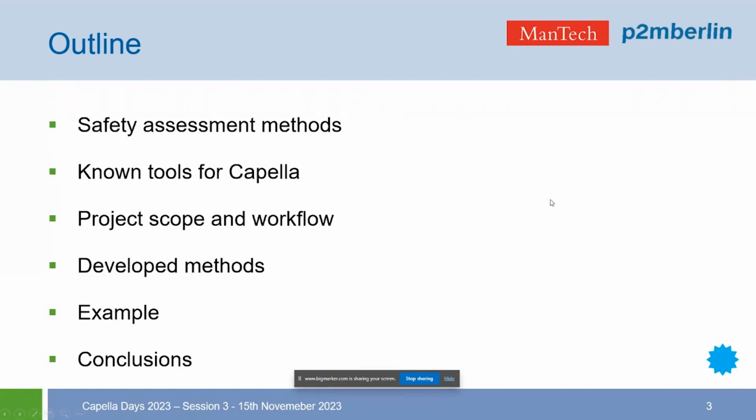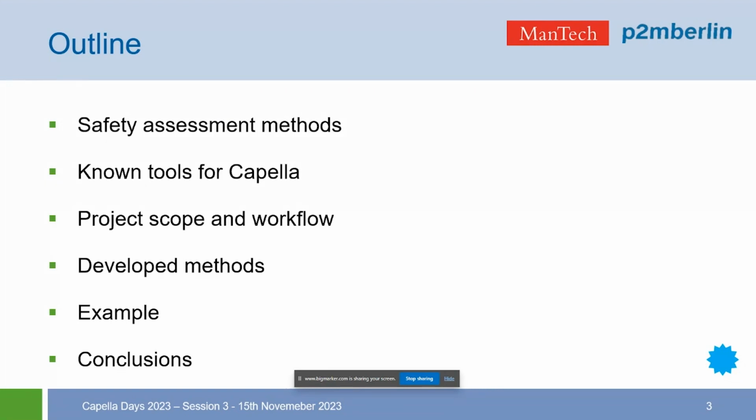So in today's outline, we're going to look through different safety assessment methods that are used in the industry. As well as some known tools that exist for Capella, and where we thought maybe there were some gaps in how to use safety assessment in a more robust way.